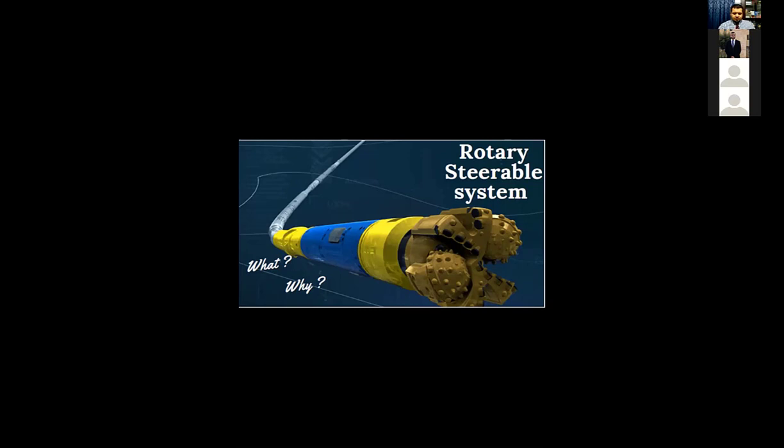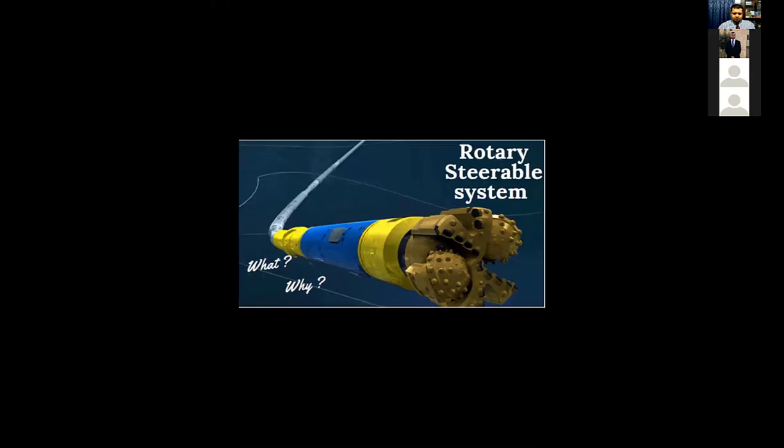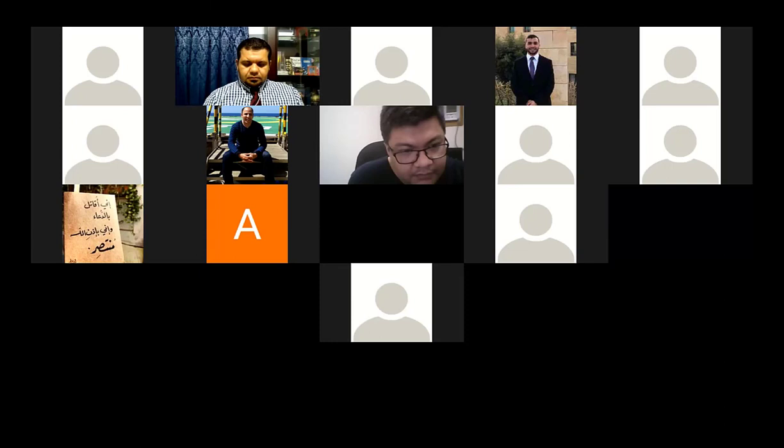Now let's move to how it works. The RSS system is controlled from the surface by changing the flow rate between high and low. For example, we send 10 seconds of high flow, then 5 seconds of low flow, then another 5 seconds of high flow. It's like a code.